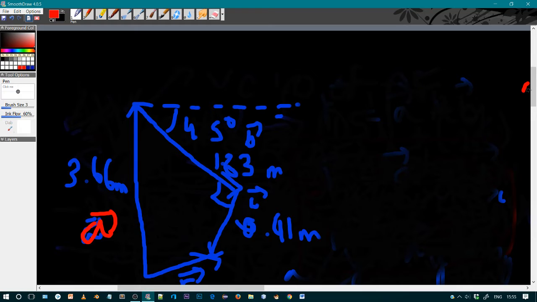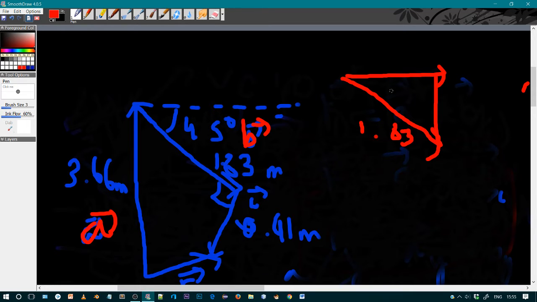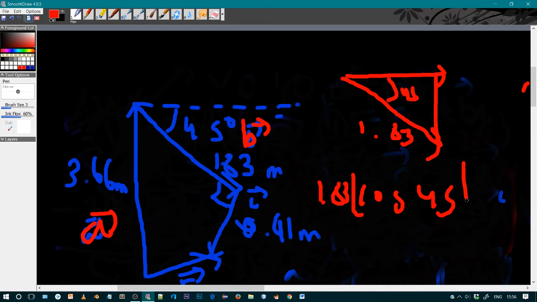Now for vector b, this is vector b right here. It is 1.83 meters long, and it is at 45 degrees. To find the x component, we do 1.83 times cos 45.